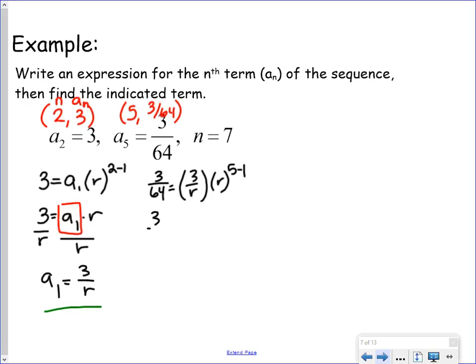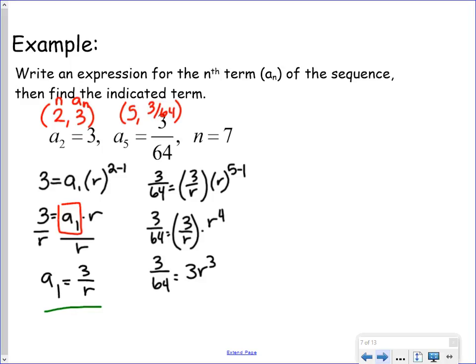So that's 3 over 64 equals 3 over r times r to the 4th. And be careful not to get cancel happy and cancel out your r's. You have to account for that exponent. R to the 4th divided by r is, of course, r cubed. So I have 3 over 64 equals 3r cubed.